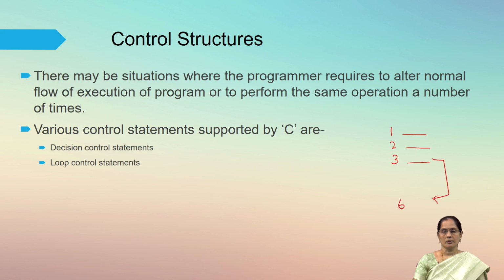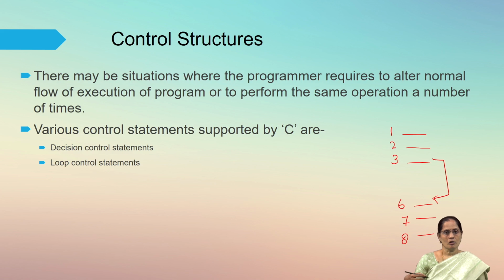After the 6th statement I may want to continue with the 7th and 8th statements, or I may want to go back to the 4th statement. In case I am going to continue with statements 7 and 8, the control flow of execution can be moved from 3 to 6, and then from 6 it can start executing the statements in sequence.